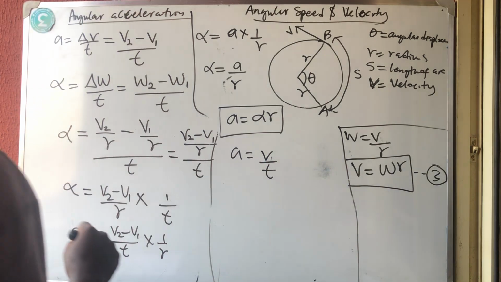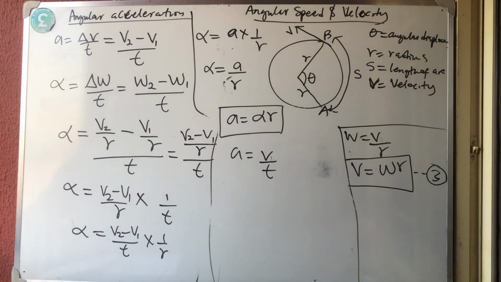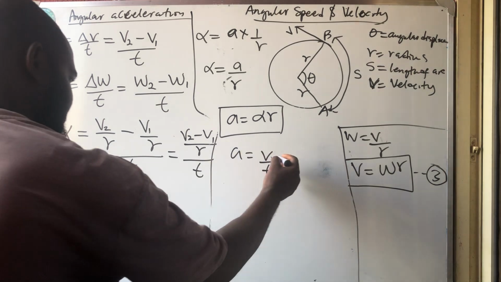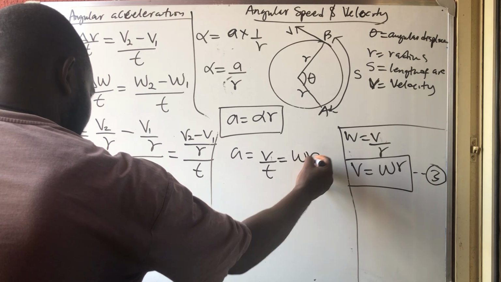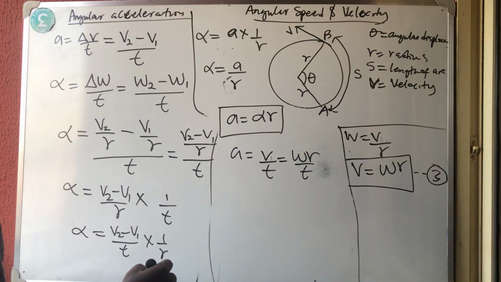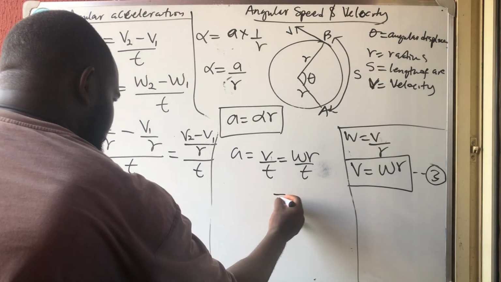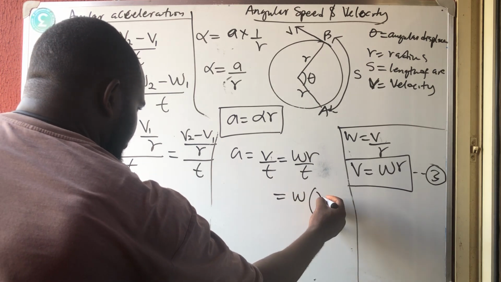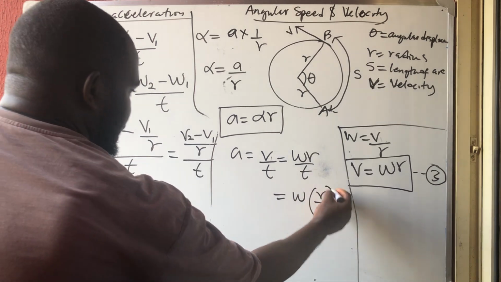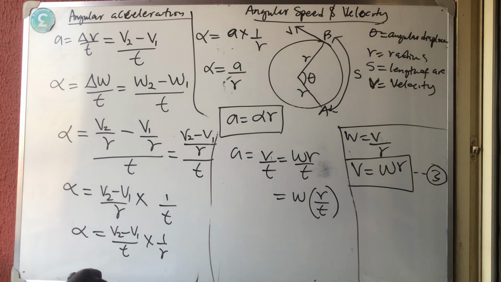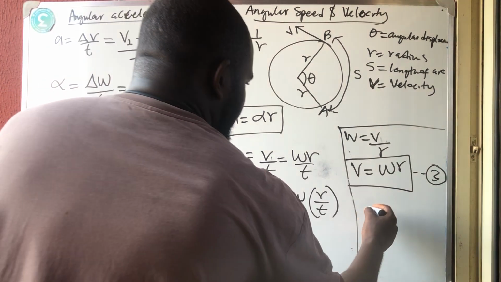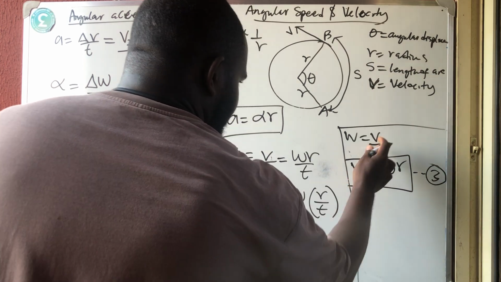Have I gotten A anywhere? Okay, velocity over time. My A is velocity over time, which is the same as saying WR over time. Okay, WR over time, which is equal to what? W in bracket of R over T. Okay, R over T. And what is my R over T? My R over T is equal to omega. I hope you know. R over T is equal to omega.